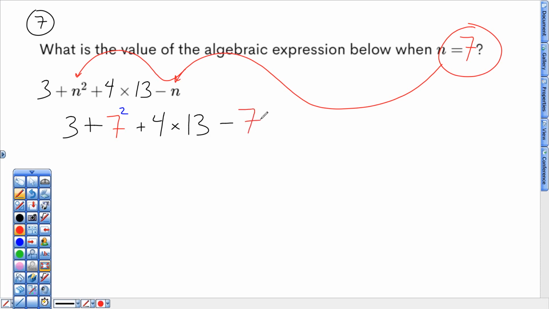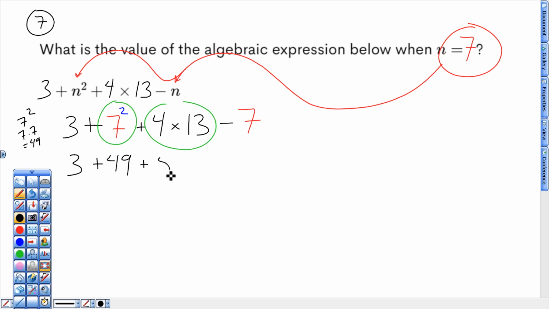Now, do this work first. Do this and this. 7 squared gives me 49. 7 squared is 7 times 7. That's 49. That's where that's coming from. Plus 52. 4 times 13, minus 7. And now go left to right.